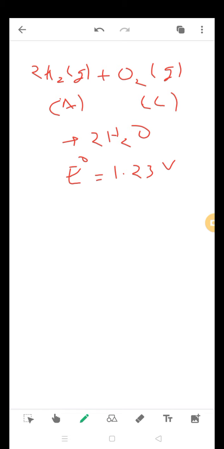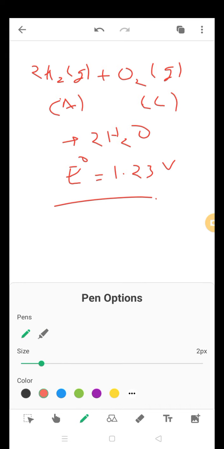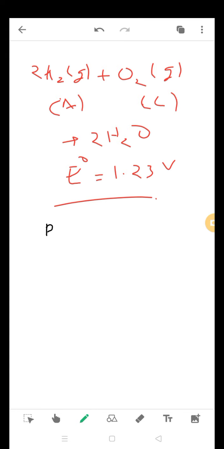Now, the importance of the proton exchange membrane is that it is the electrolyte. The electrolyte must allow only the appropriate ions to pass through, and it should block other ions. So that is the role played by the proton exchange membrane.